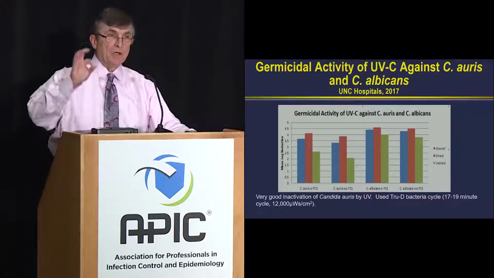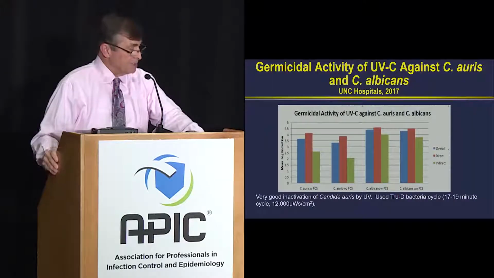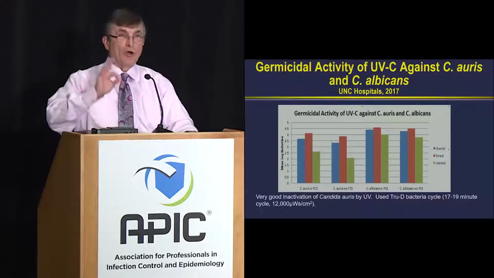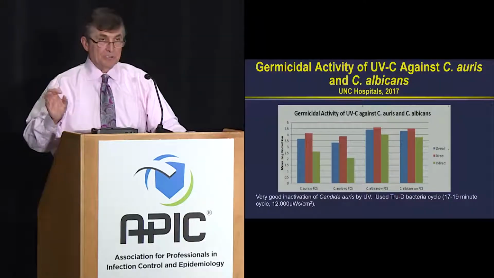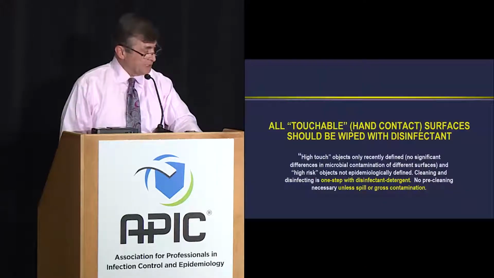You see again very good activity against Candida auris and almost comparable to Candida albicans. You see overall about a 3.5 log reduction. Good activity again with a particular UV technology.